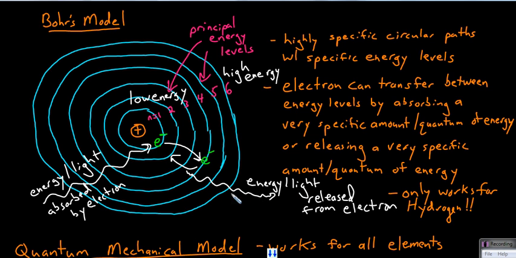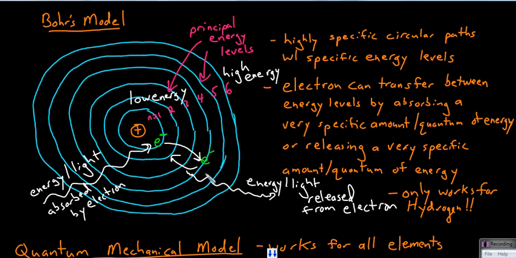And in fact, this proposal was an exact description of the light that had been released in very specific energies by hydrogen lamps, which had been shown around 1850. So this model is quite accurate in that it shows that, yes, there are energy levels for electrons, and electrons can travel between those energy levels by absorbing and releasing light.